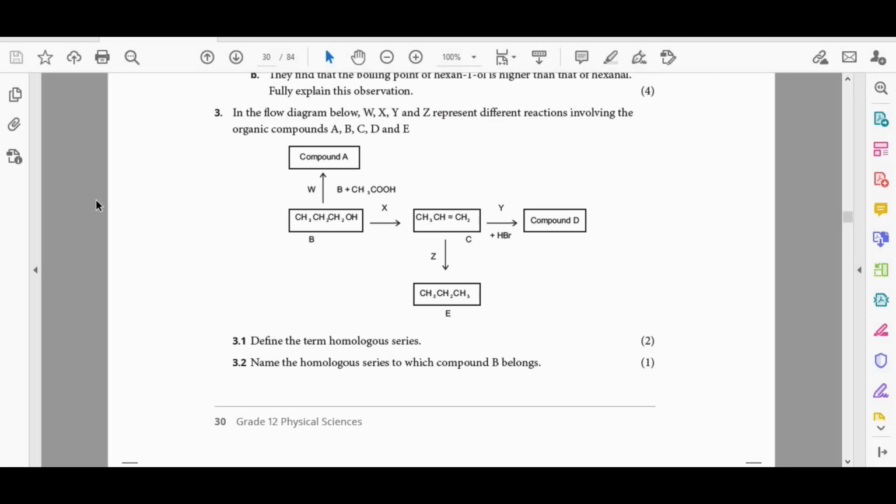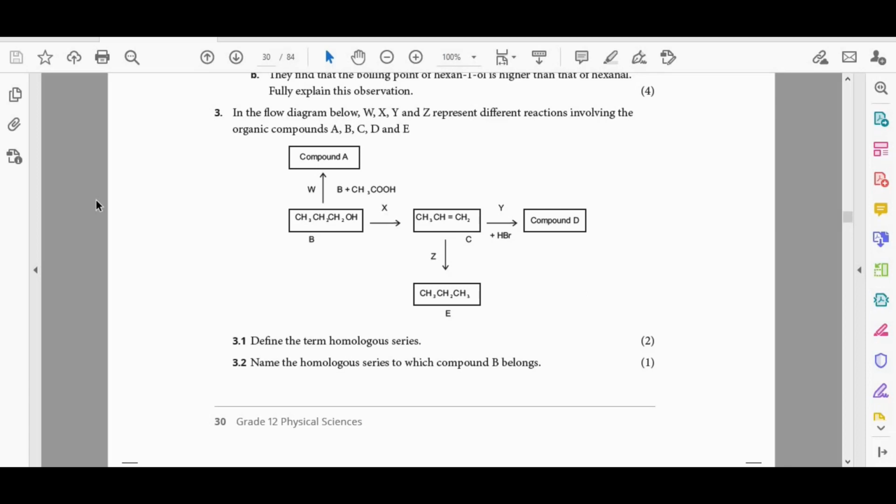Now, a homologous series is a series of similar compounds which have the same functional group and general formula, in which each member differs from the previous one by a CH2 unit in the chain.